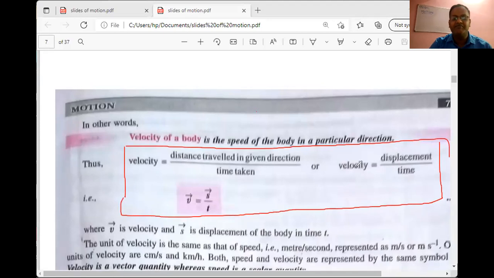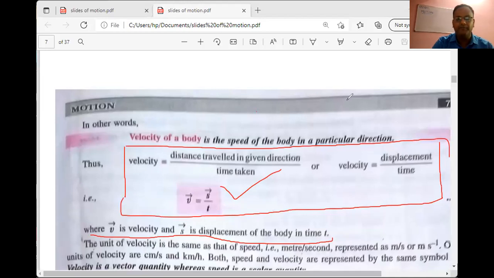That is the distance traveled in a given direction, which is the distance covered between the initial and the final position, and that is called the displacement. So velocity, and this arrow indicates the direction, is equal to s by t. You have to write this also, where v is the velocity, s is the displacement of the body in time t.